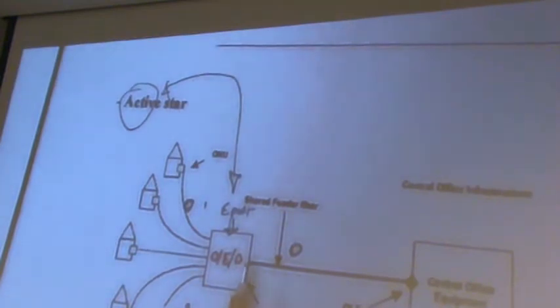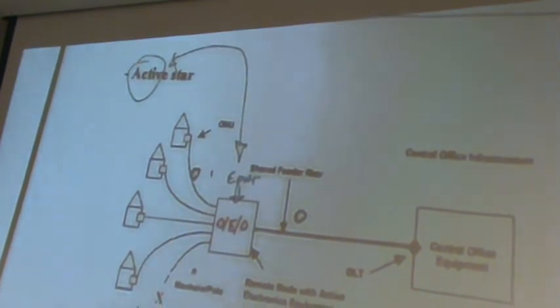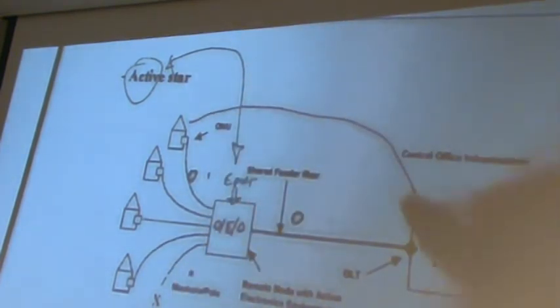It's fiber out to an electronic regenerator, and then it's fiber out to every house. But this is a shared fiber here, rather than having a fiber going to every single house, which is what home run tries to do.